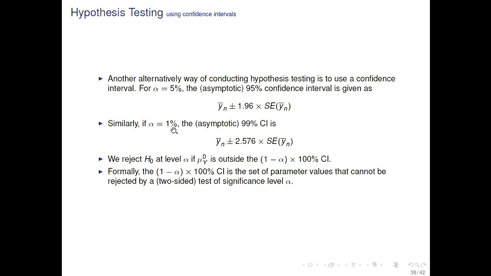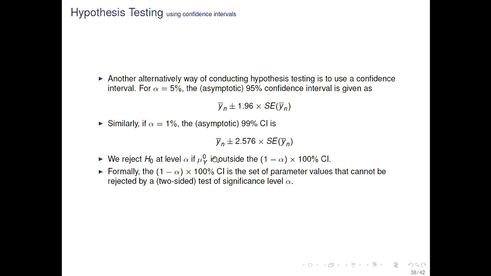If your level is 1%, you need to consider a 99% confidence interval, and the formula is very similar to the one before, but you have to use a different critical number, critical value.